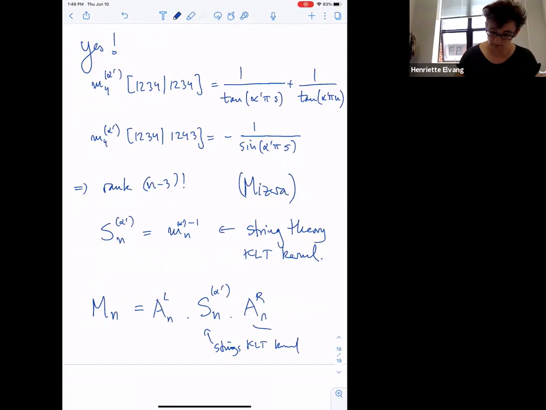And these amplitudes right here are open string amplitudes. And the result on the left-hand side is the closed string amplitude.